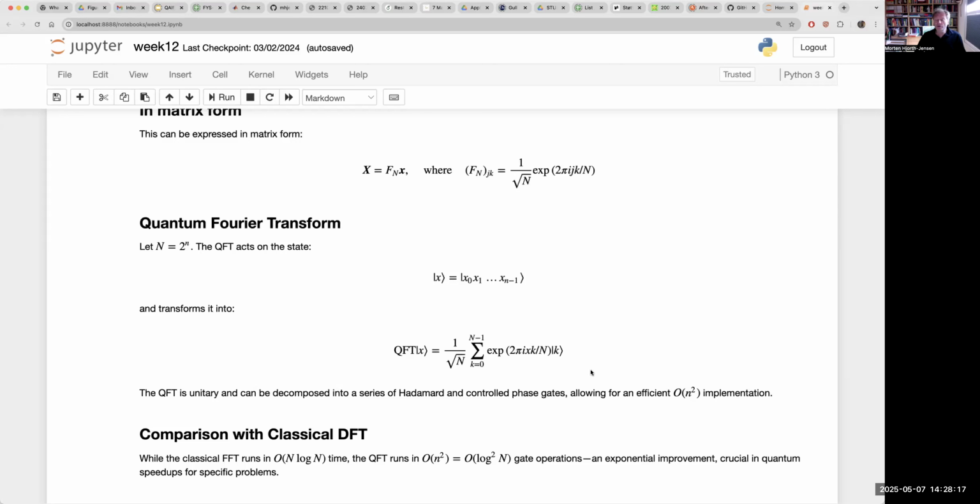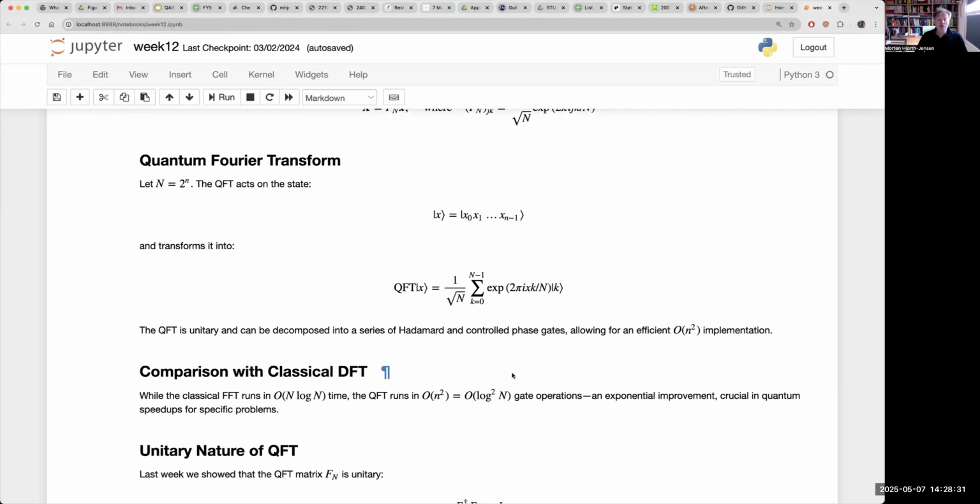And what we're going to do today, besides reminding ourselves about some basic examples, which give us an intuition on how we build the circuits, is also to see how we can implement this numerically. The classical fast Fourier transform runs in terms of this number n as n log n.